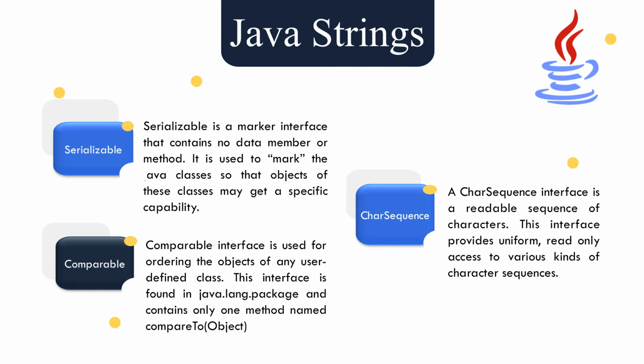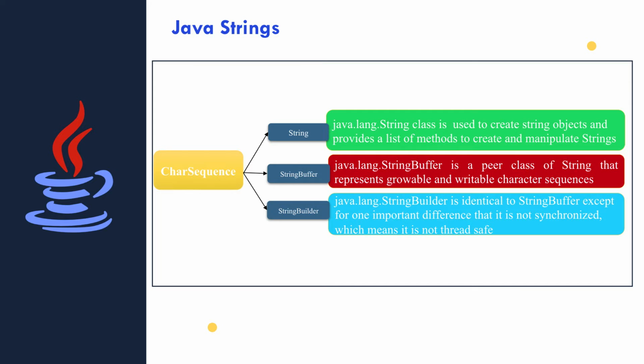Then we have the CharSequence interface because this is a readable sequence of characters and this is supposed to provide read-only access. The other thing is that CharSequence is implemented by three classes: String, StringBuffer and StringBuilder.